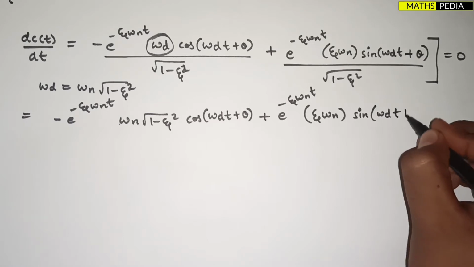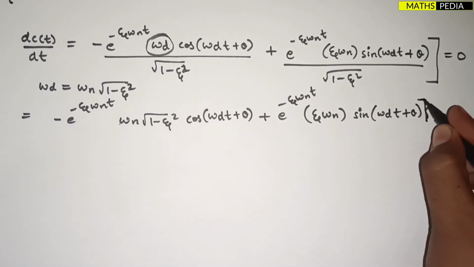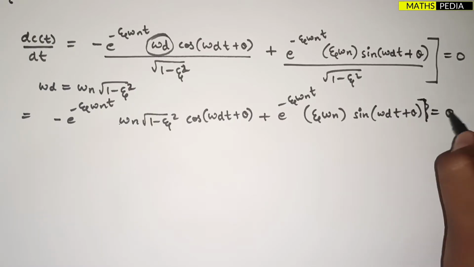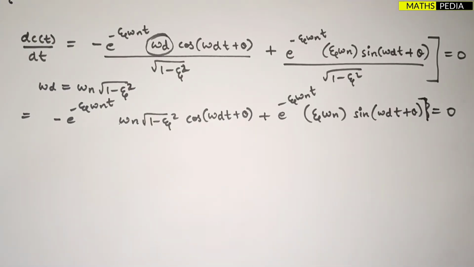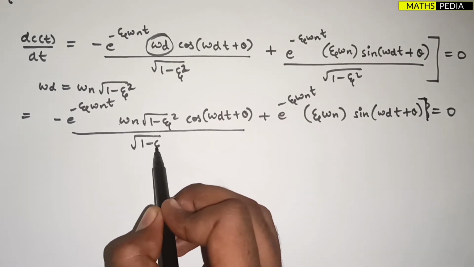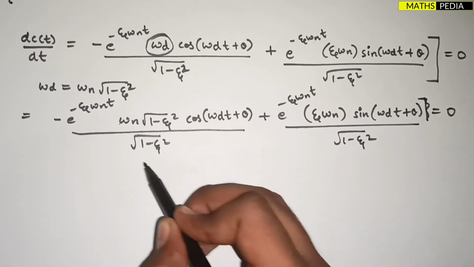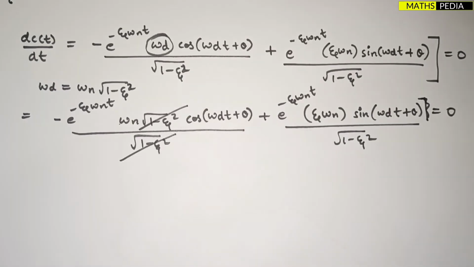omega dt plus theta. Now substituting, which is equal to what, so now need to put bracket and all, this is equal to 0. And one more thing, divided by is there, correct, this divided by square root of 1 minus zeta square, and this thing divided by square root of 1 minus zeta square. So as you can see, this square root of 1 minus zeta square and square root of 1 minus zeta square will get cancelled.